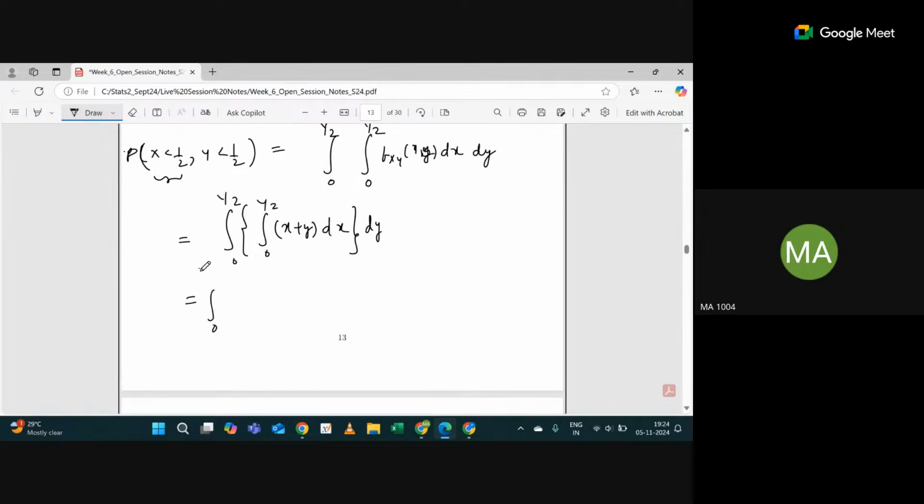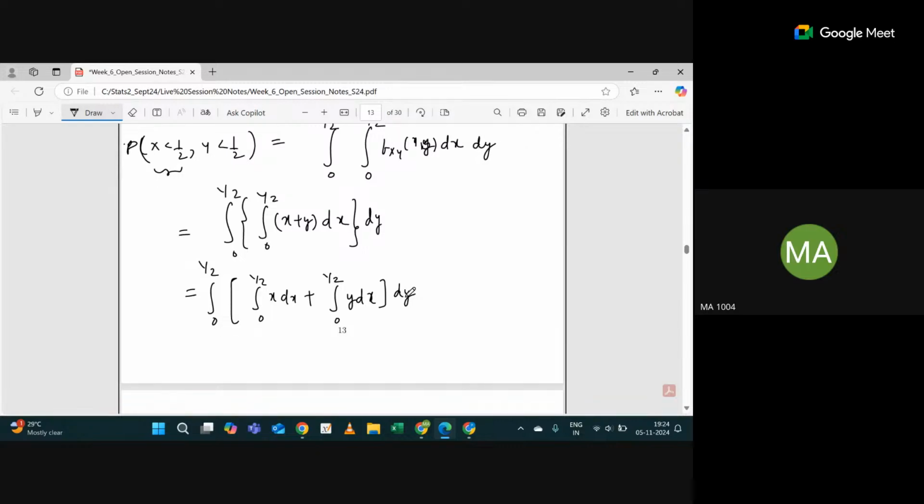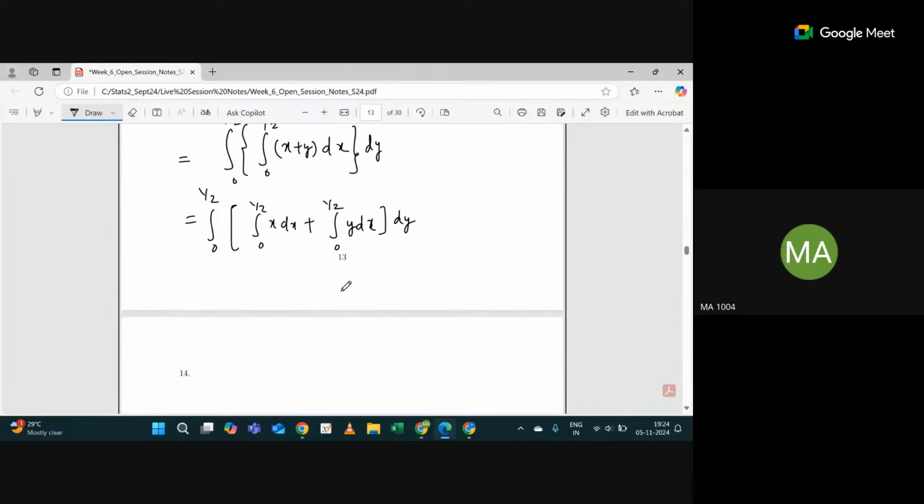So 0 to half, can I write like this? Integral 0 to half x dx plus integral 0 to half y dx. Yes? If you integrate this part, it will give you x squared by 2, 0 to half.